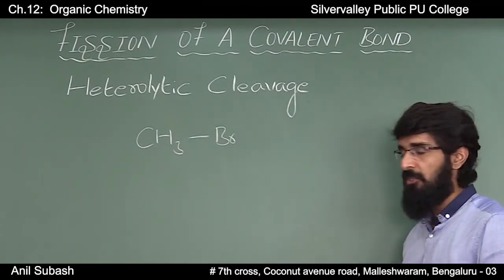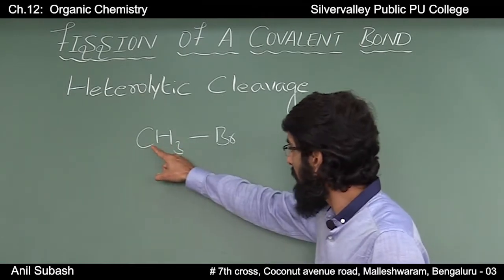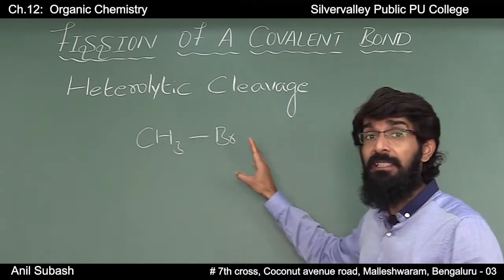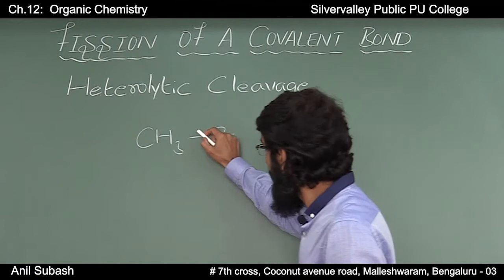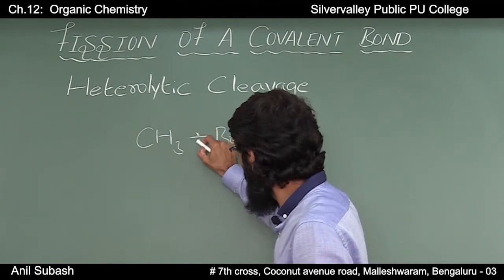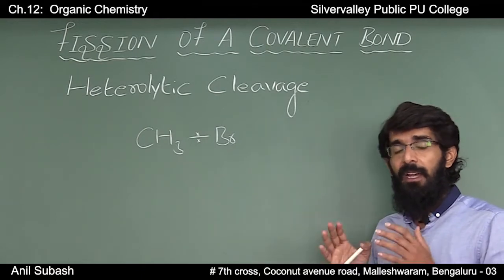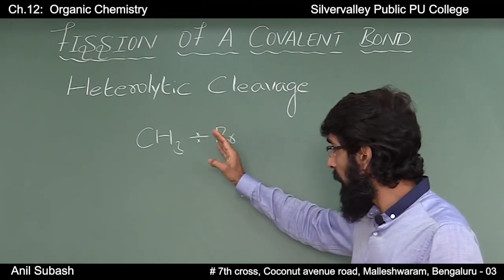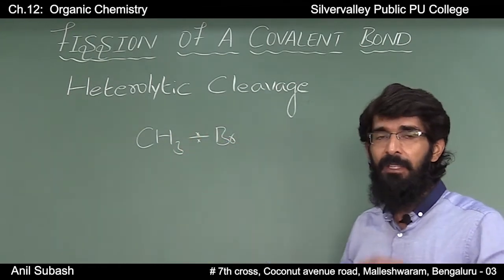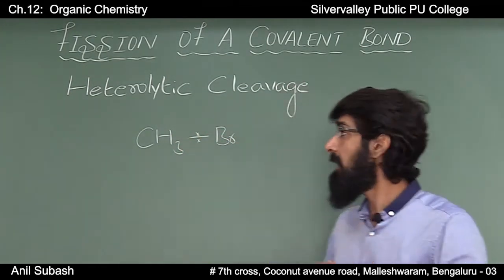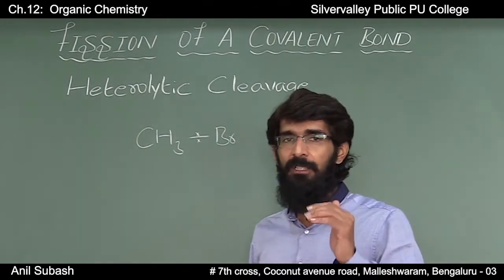In the case of CH3Br, there is a covalent bond between the carbon atom and the bromine atom. That is, there is a shared pair of electrons lying between carbon and bromine. And when the bond between carbon and bromine breaks, it undergoes heterolytic cleavage, that is, unequal breaking of the bond.